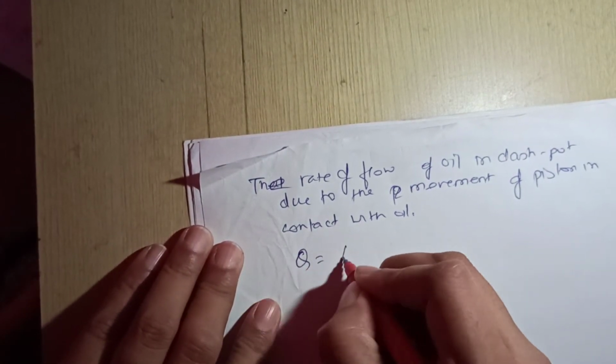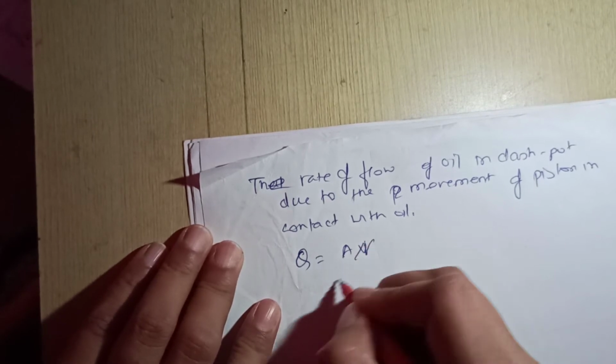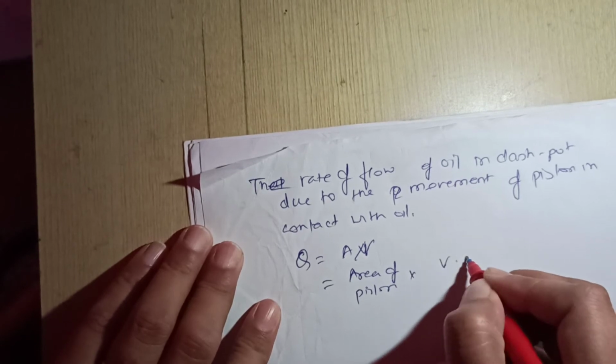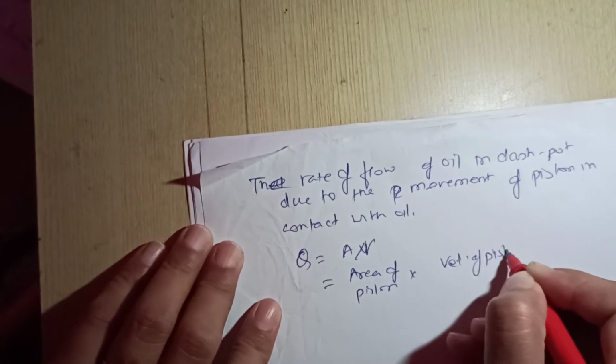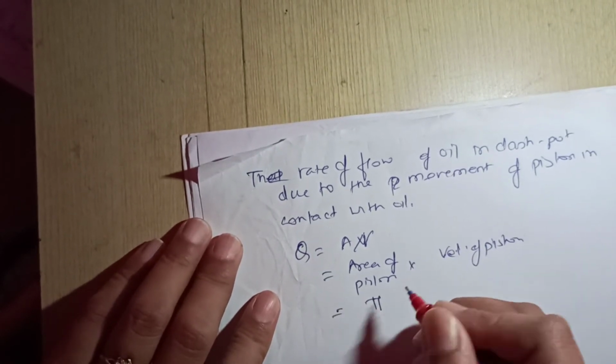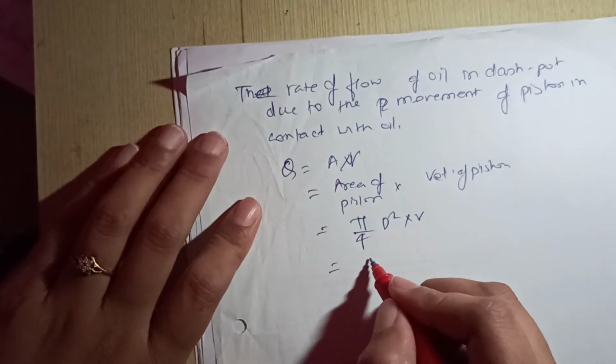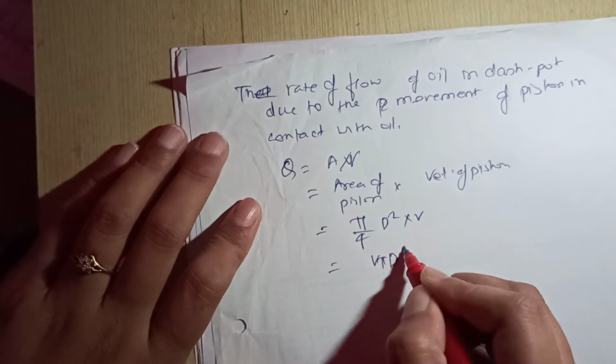So Q can be written as A into V, which is area of piston into velocity of piston. So it is pi by 4 d square into V, that is Q is equal to V pi d square upon 4.